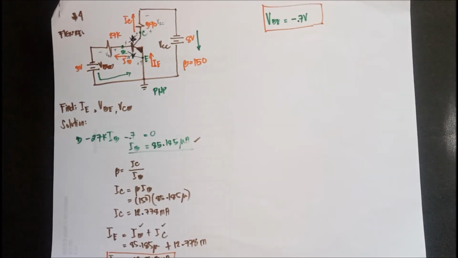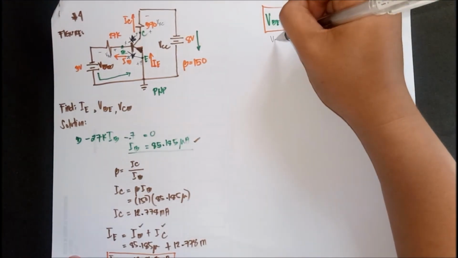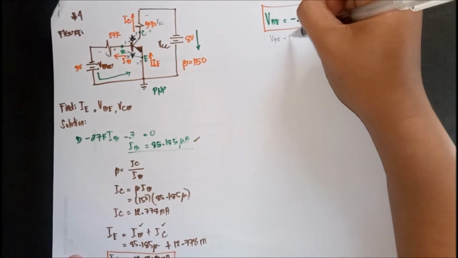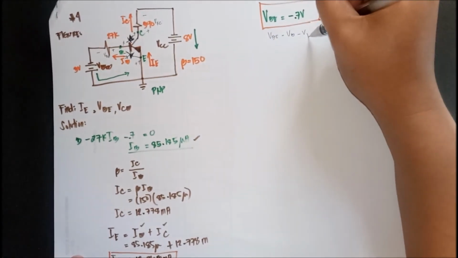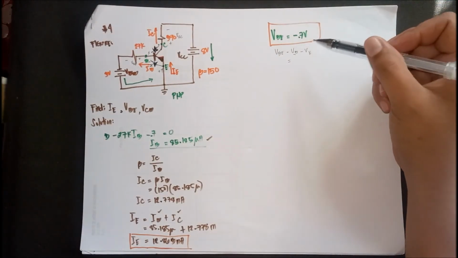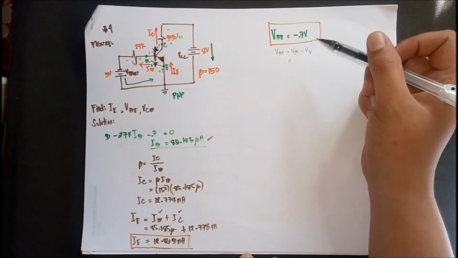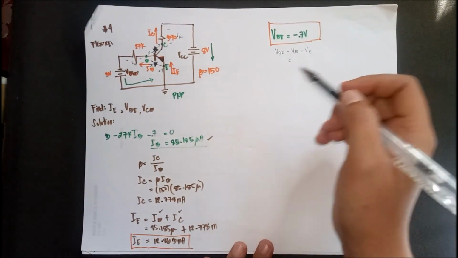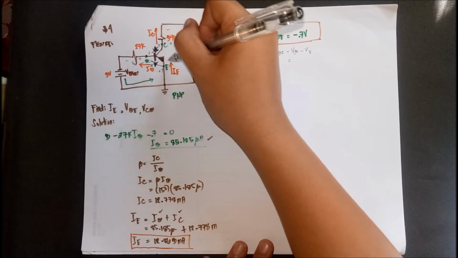Gusto nyo ba i-prove natin? Sige. Kung yung VBE, kasi VBE is equal to VB minus VE. VBE is equal to VB minus VE. VB would be from here, pababa.